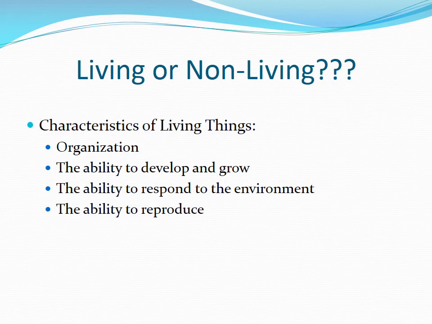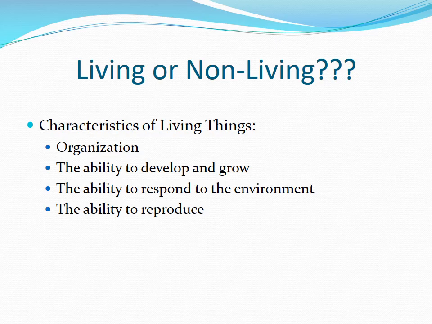The ability to develop and grow is another characteristic of living things. So things that don't live can't develop and grow, like rocks. Rocks don't grow. The ability to respond to the environment. So how things respond to what's around them, that means that something's living if it's able to respond to the environment.